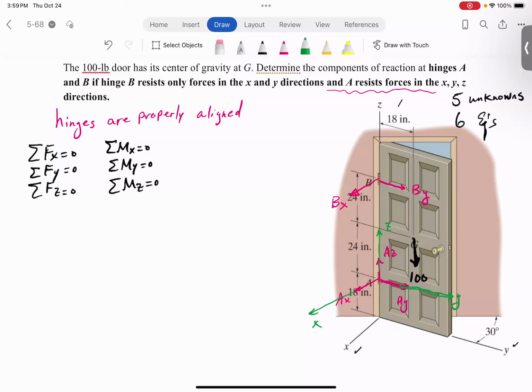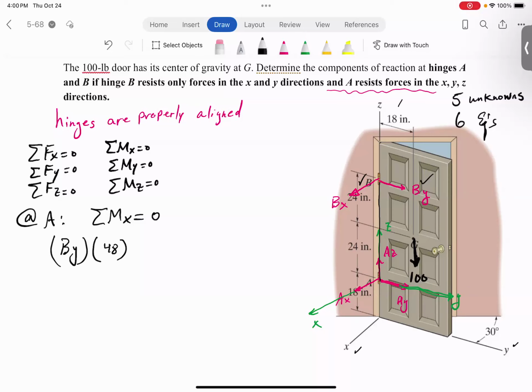So let's do that. I'll start with moment about the x-axis at A. So remember, what forces have moment about the x-axis? Forces such as Bx, that is parallel to the x-axis, cannot cause rotation, but By does. So the moment of By is By times the distance to the x-axis, which is 48 inches.